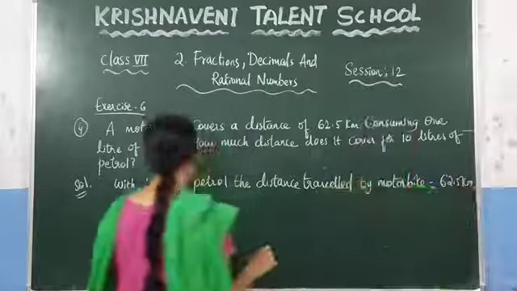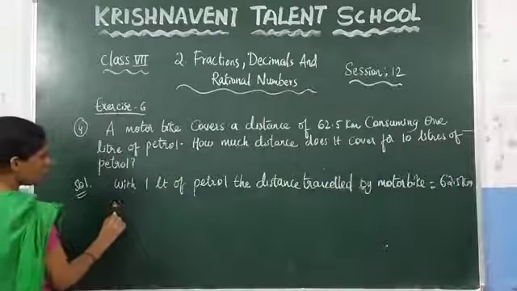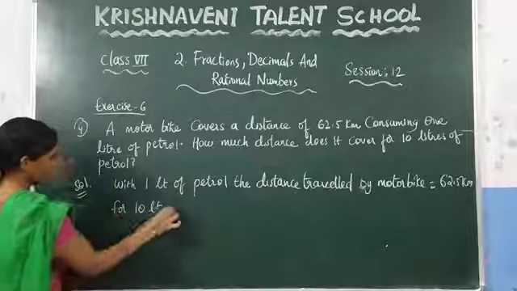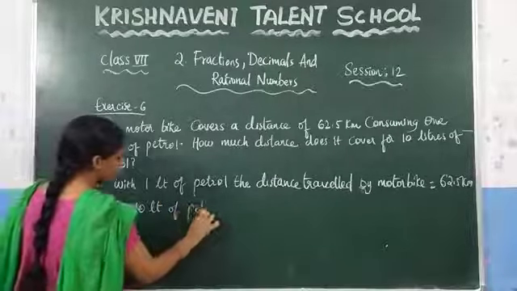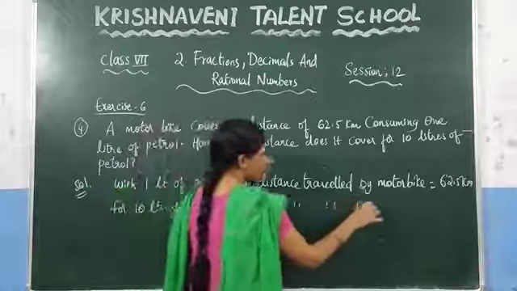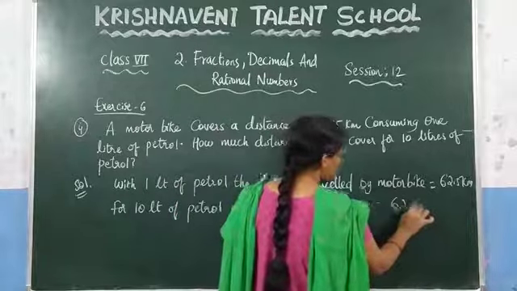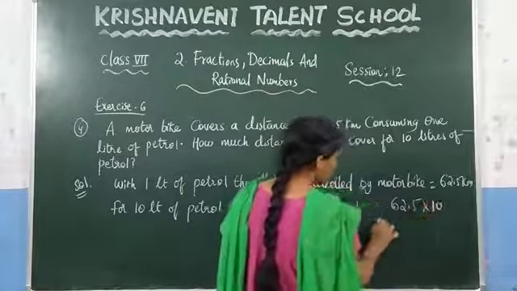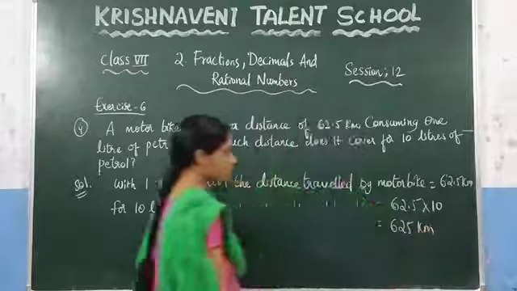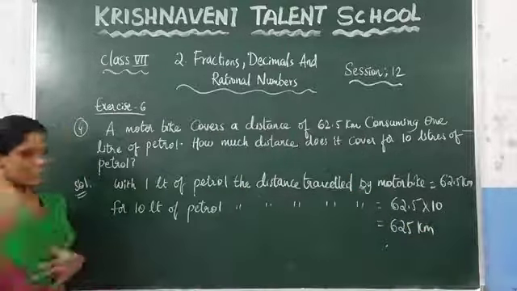Now in the question they asked for 10 liters of petrol. Therefore, for 10 liters of petrol, the distance travelled by the motorbike, you just need to multiply 62.5 into 10. So what do you get here? 625 kilometers. This is the problem. Now see the next question.